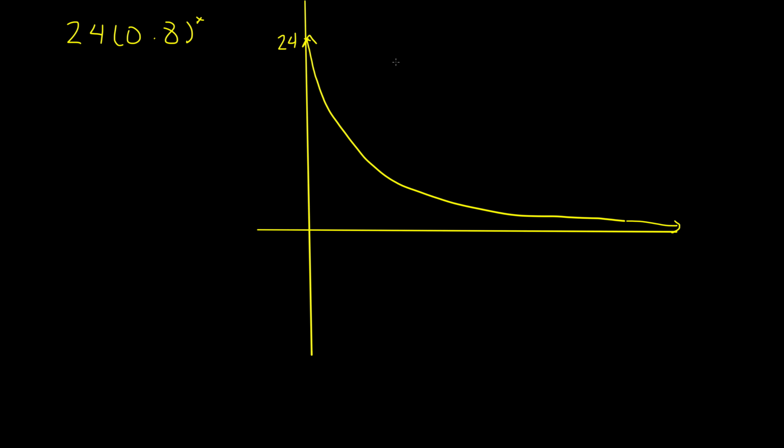So what do the y-intercept and asymptote represent? If I'm looking at the y-intercept, the y-intercept would be the starting value, so it would represent the initial amount.